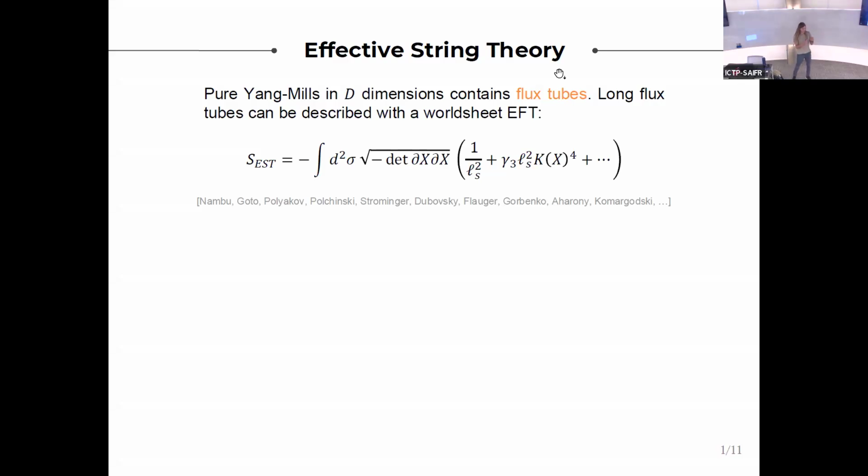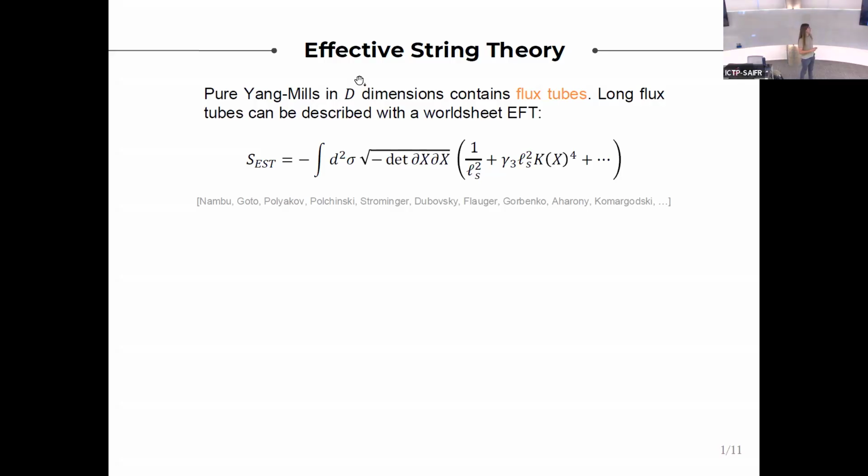Just to be concrete, I'll be describing pure Yang-Mills in D dimensions, and later on I'll restrict to D equals 3. That's the simplest case because there's only one transverse direction. So the basic idea is that when the string is very long, it just gives a linear potential.